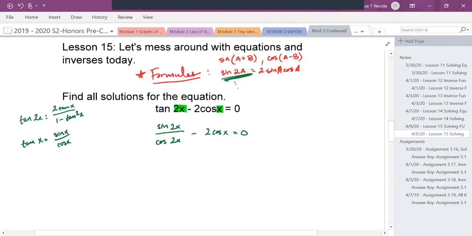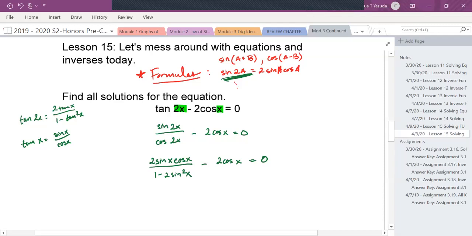Now remember, there are 3 cosine double angle formulas, and for the sine double angle formula, there's only one. So 2 sine of x cosine of x all over something, minus 2 cosine of x equals 0. Now we get to pick. I'm going to tell you that I'm going to use 1 minus 2 sine squared.